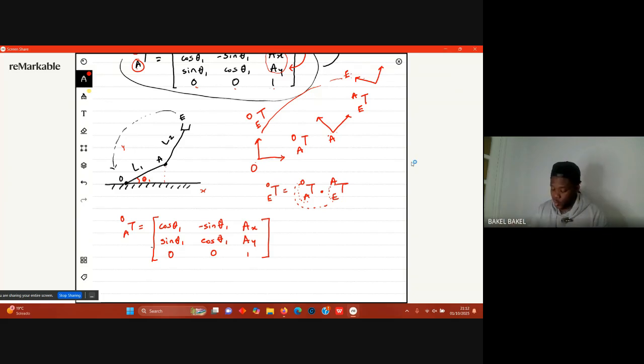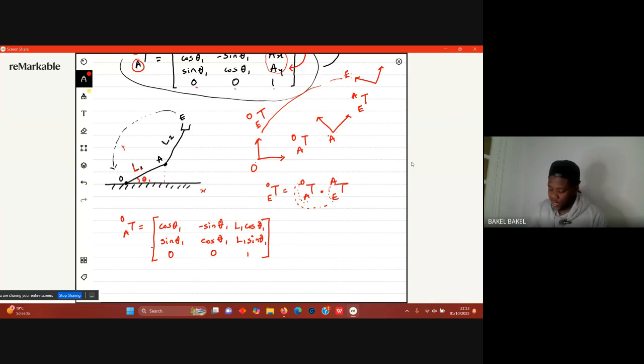Automatically, you would know that AX is L1, which is the link length, cos theta 1. Is there any dispute? I'll assume there's no dispute. AY is L1 sine theta 1.